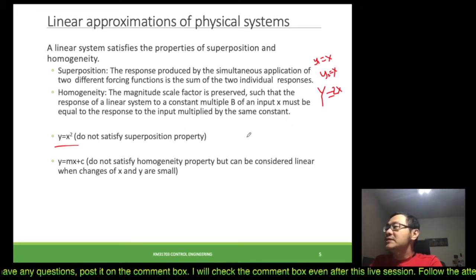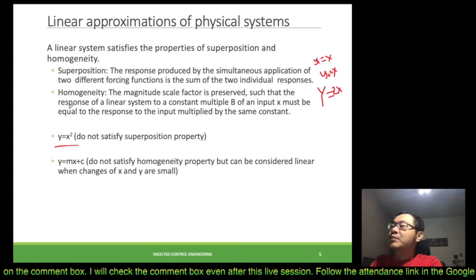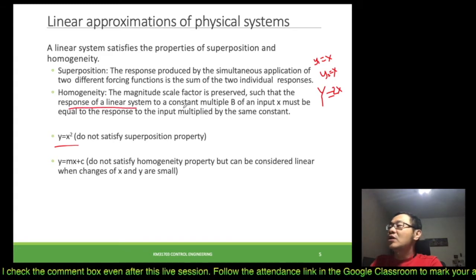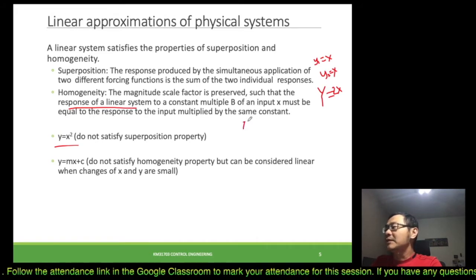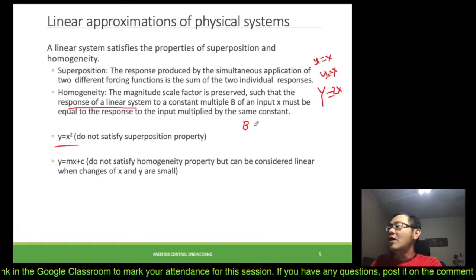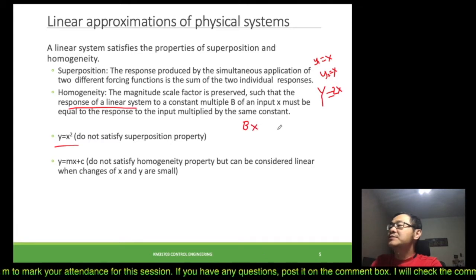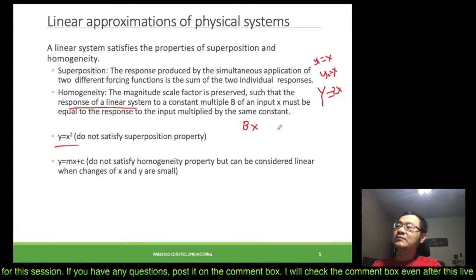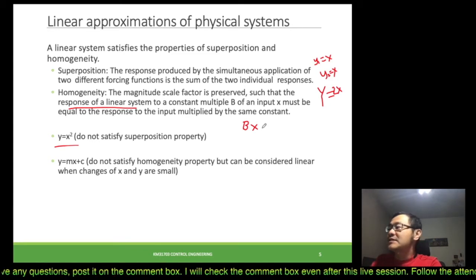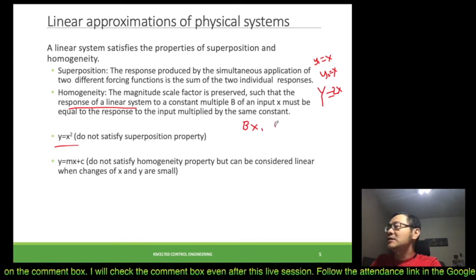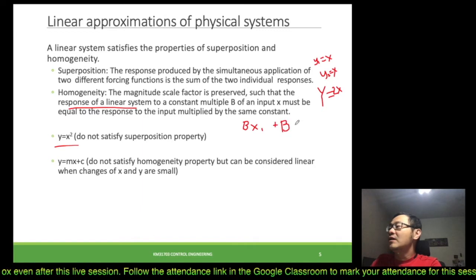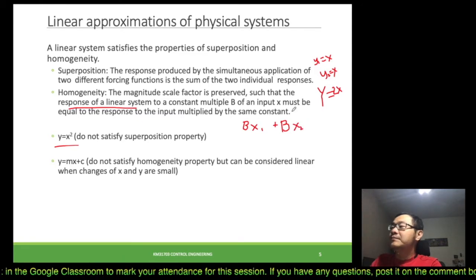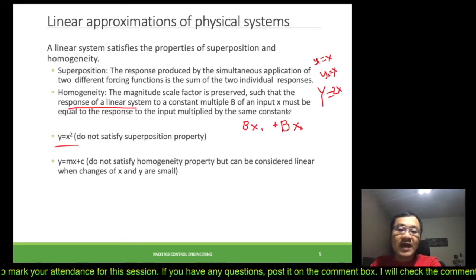What it means is that the response of a linear system to a constant multiple b of an input x1 must be equal to the same multiple of the response to x2. Therefore, the magnitude scale is preserved as a constant b.